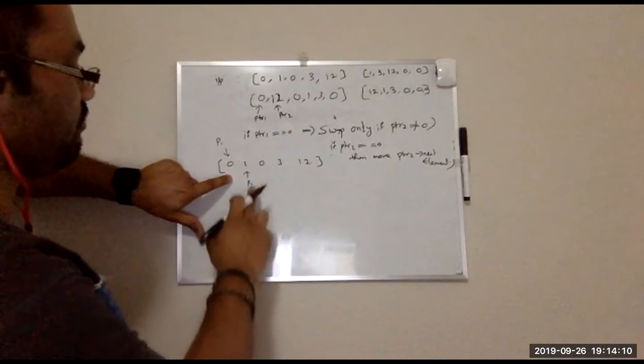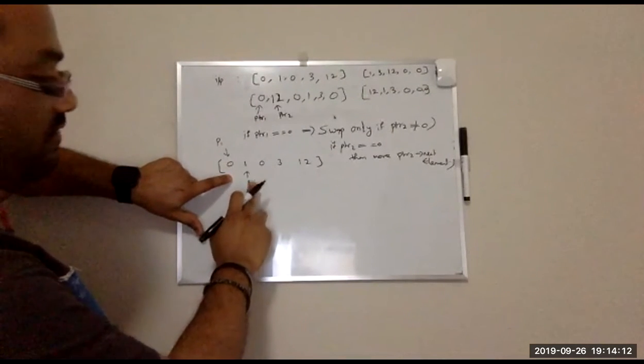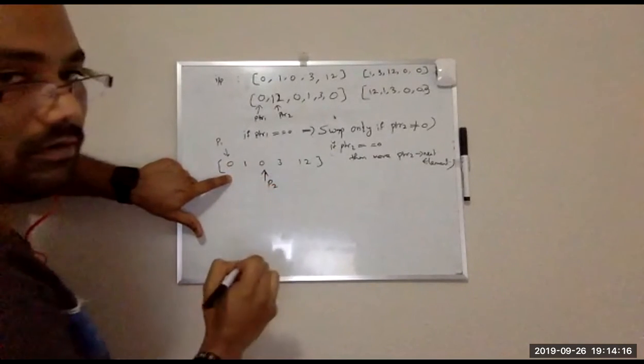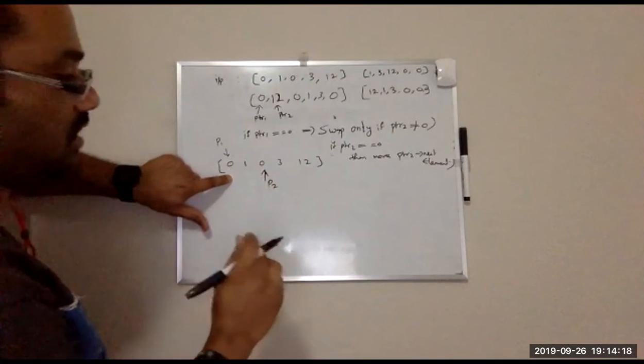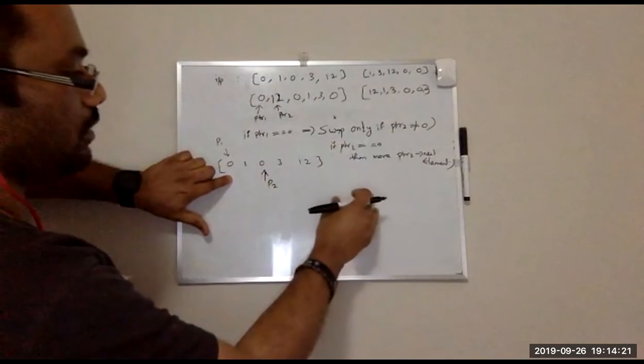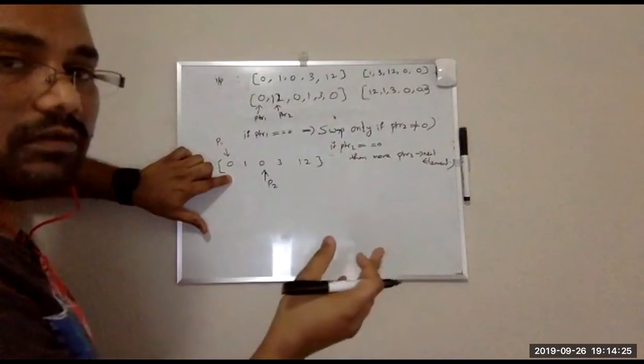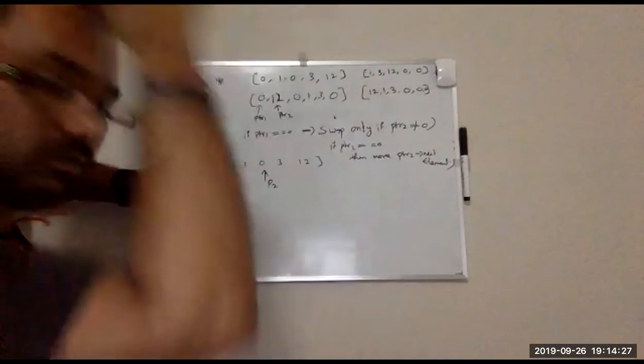If P2 is equal to 0, then we'll move P2 to here until we find a P2 that is not equal to 0. We'll just have a while loop to change this P2.